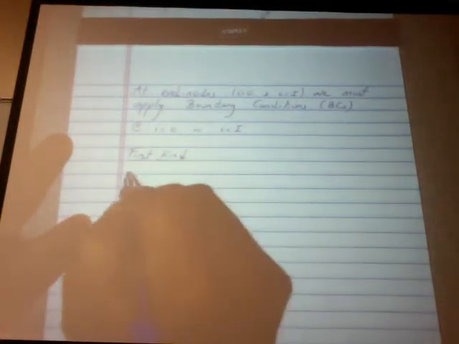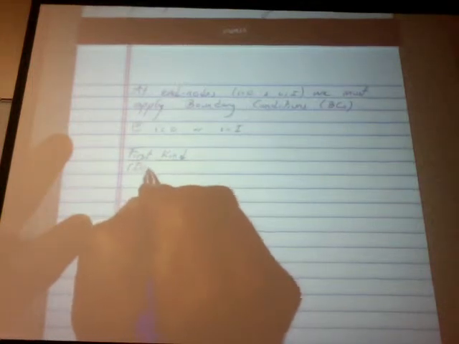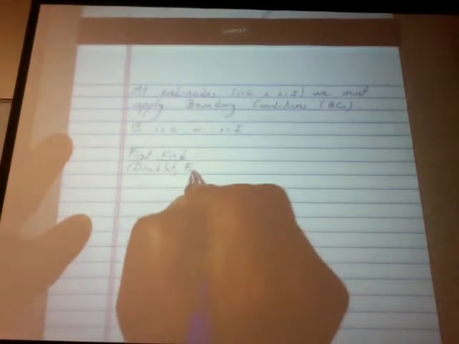The first kind boundary condition, we also call Dirichlet or forced condition.